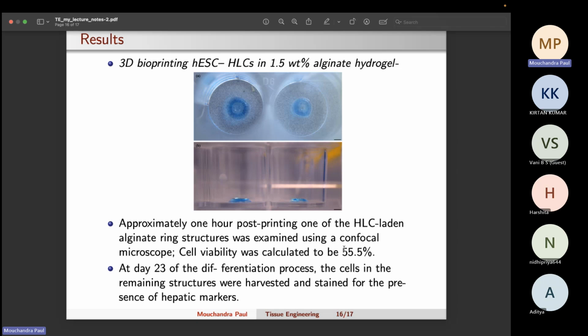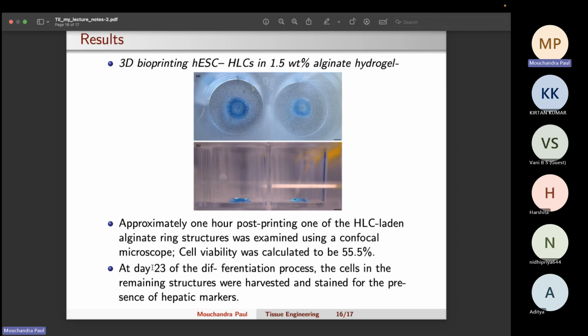But often people can recover this cell viability percentage, meaning you have to give proper culture conditions. And when you do this kind of live and dead assay, say after 2 to 3 days, the cell viability should increase because the live cells will proliferate and make up for the lost cells.